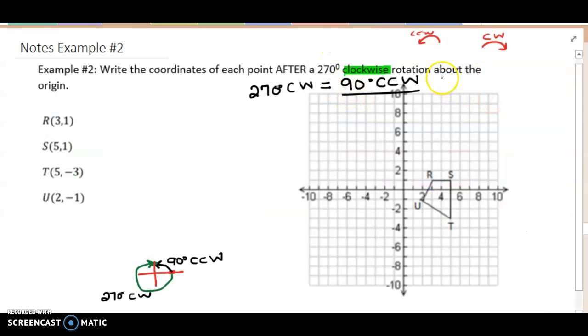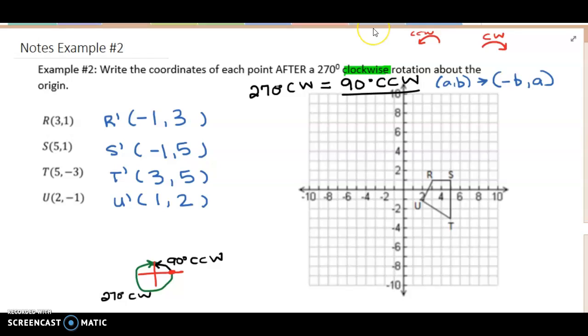I'm going to write that down: (a, b) goes to (negative b, a). Now I just need to apply my rules. Use that rule to find your R prime, S prime, T prime, and U prime on your own, and then we'll go over it.